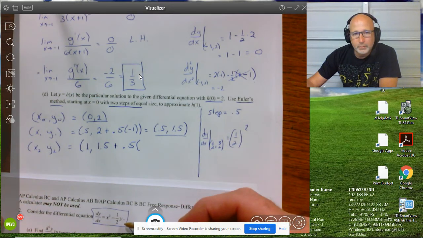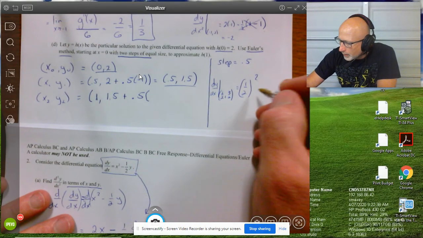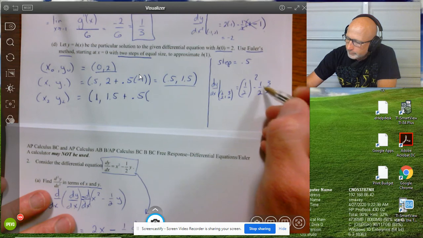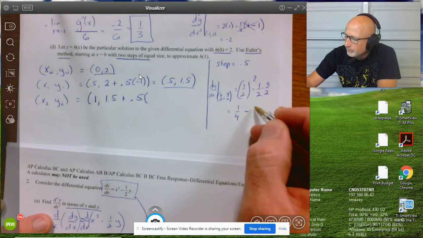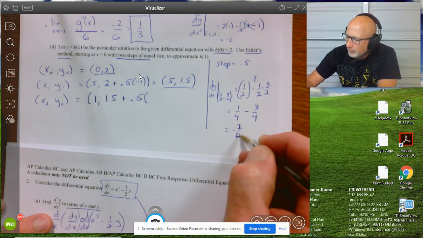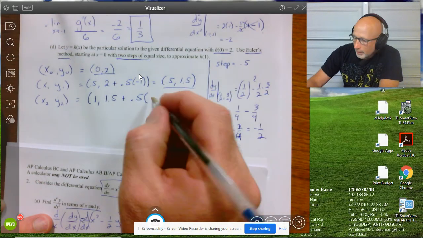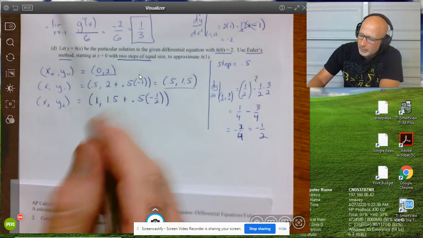So this is equal to 1/2 squared. Once again, I'm following this equation right here. Minus 1/2 times y, and y is 3/2. So this is equal to 1/4 minus 3/4, which is negative 2/4, which is negative 1/2. So this will go right here.